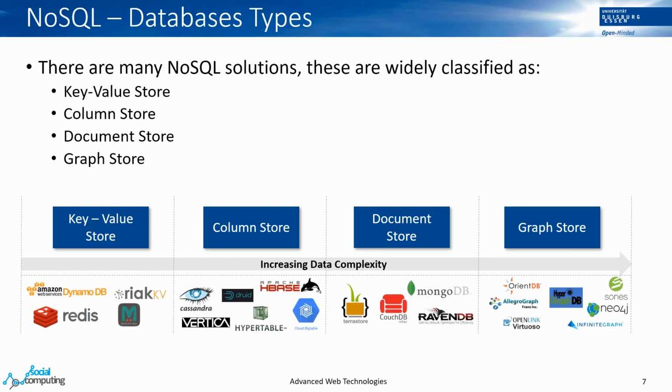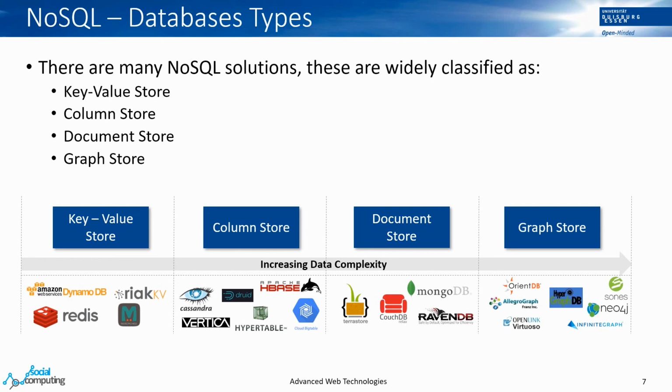So here are some examples of each type. For key value store, Redis is a very popular one, and Amazon DynamoDB. For column based, Cassandra and Hypertable are used. HBase is also used together with Hadoop solutions, which is a big data solution.